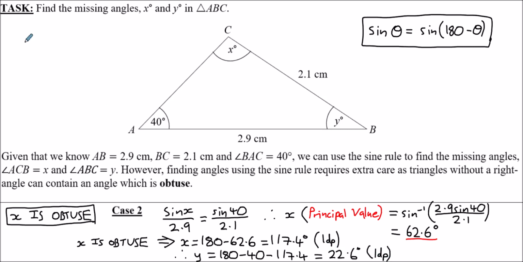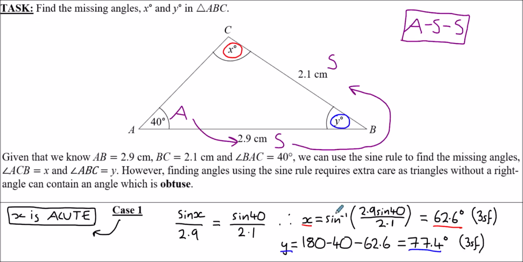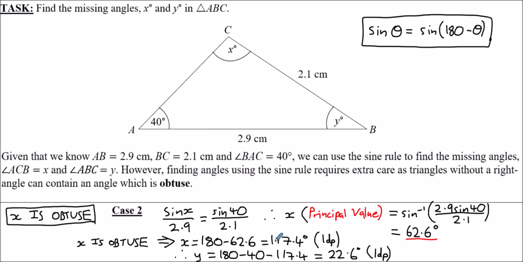And so case 1, we had that x is 62.6, y is 77.4 if x were acute, or another possibility where x is obtuse, we have that x is 117.4 and that y is 22.6.